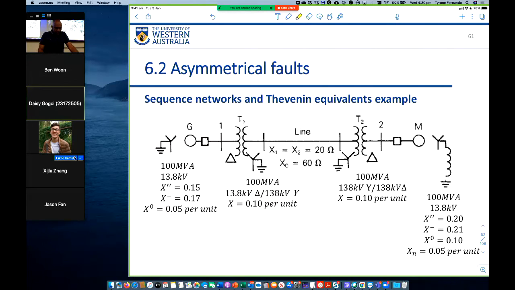You have Y connected motors on the right, and the neutral is connected to ground. You have a delta-Y transformer on the left, where the Y neutral is connected to ground. Transformer T2 is Y-delta, and again the neutral of the Y is connected to ground.